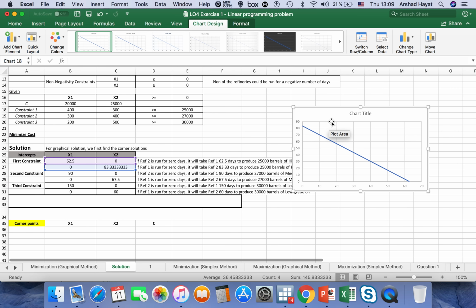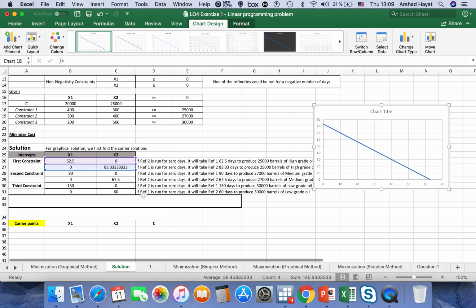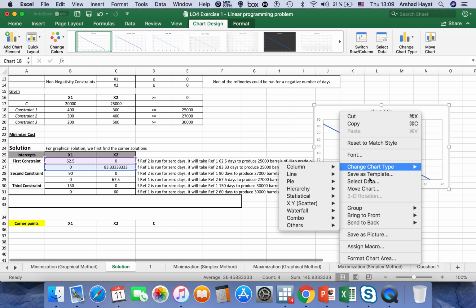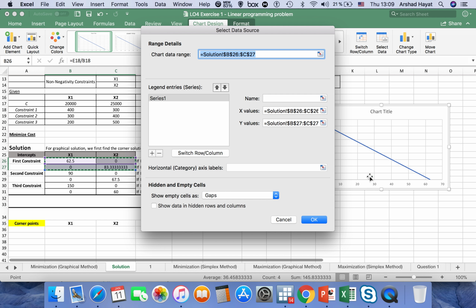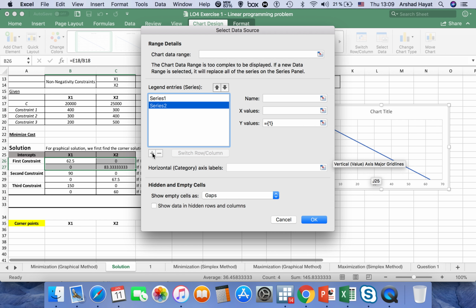Now let's just add some more data and put the second constraint as well. So just select data, or simply right click here and we can have select data. And this is series 1. Now just simply put here another series. So this is series 2, and this would be x values.